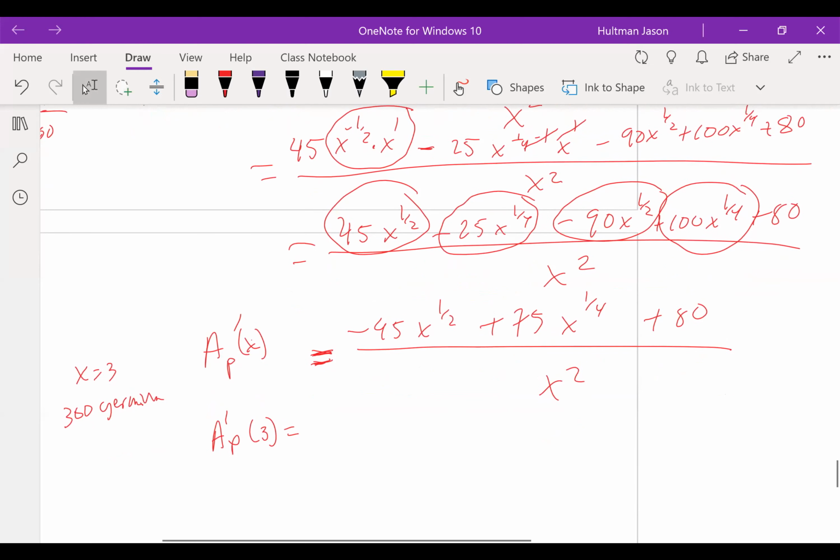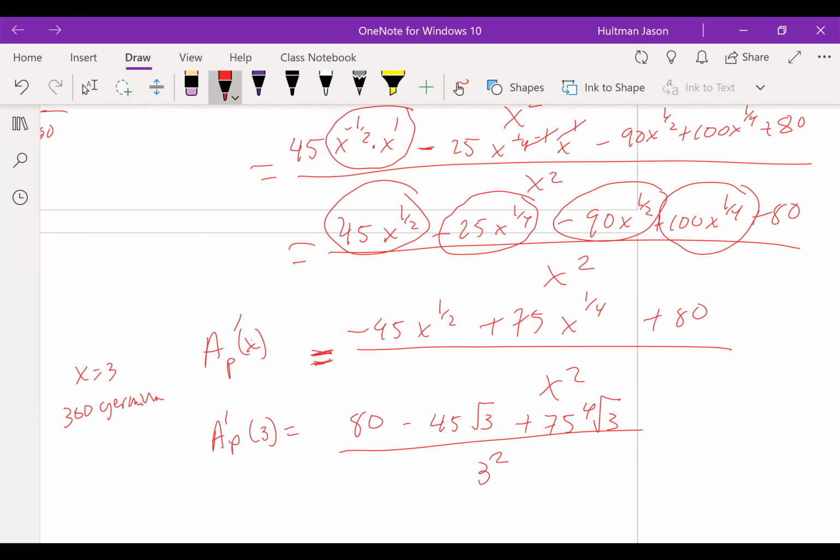So this becomes, I'll put the 80 in front, 80 minus 45 times 3 to the 1/2, that's radical 3, plus 75 times the 4th root of 3, all over 3 squared. If I plug that into a calculator, I would get approximately 11.20.